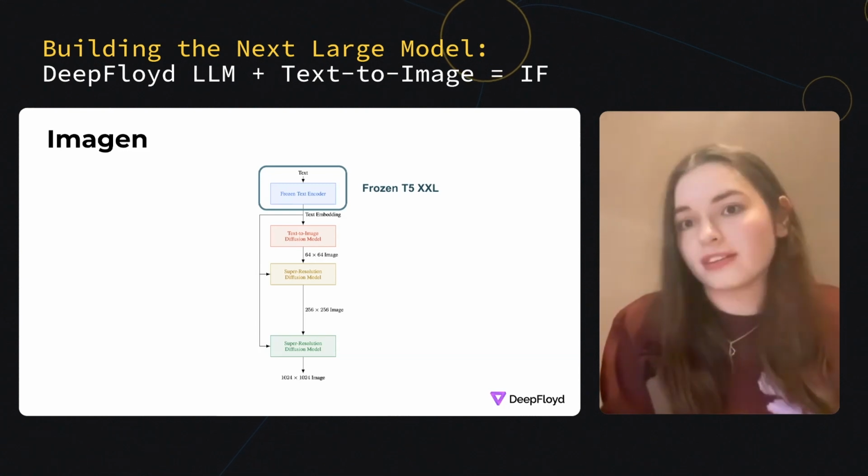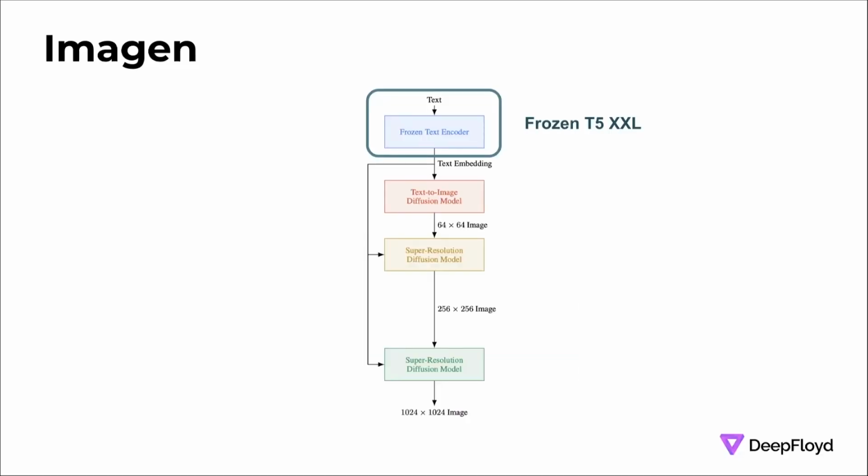And it's frozen, so no weights are changing through the training process of Imagen itself. Actually, Imagen is our main source of inspiration. And I guess it's worth mentioning that Imagen works in pixel space, unlike Stable Diffusion, which works in latent space. And so our model works in pixel space as well.